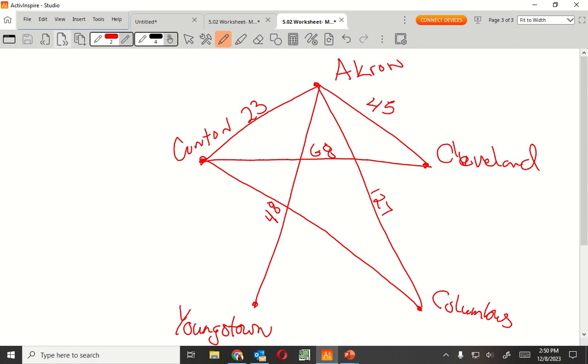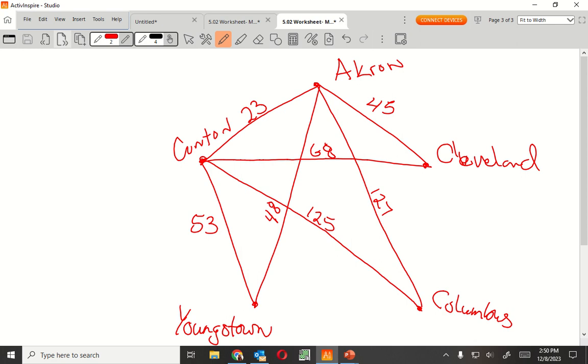It's 125 if you're looking at the table. Okay. Canton to Youngstown, 53. If you notice, as I'm going through, I'm filling it in as I go for every single weight. I'm adding the weight so I make sure everything is actually used up.